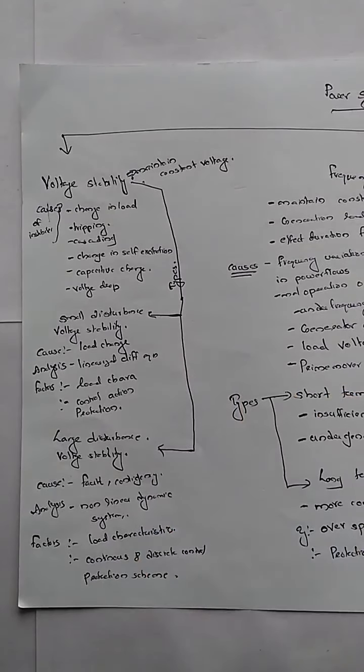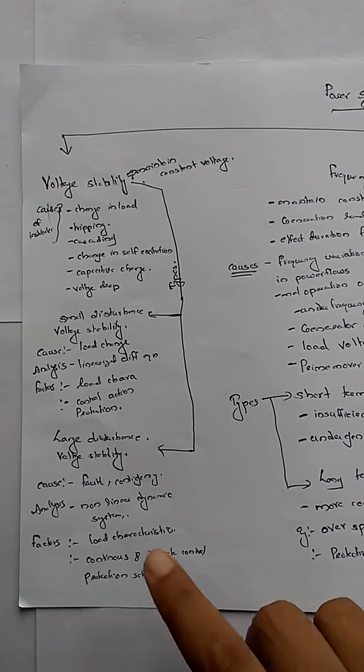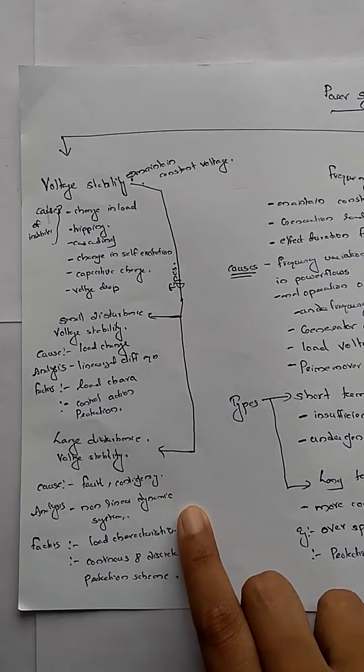Whereas in large disturbance voltage stability, the cause is a large disturbance. Sometimes it can be a fault or a contingency, and for the damping of this also we have to take care of the load characteristics, and for the analysis we have to deal with a non-linear dynamic system.